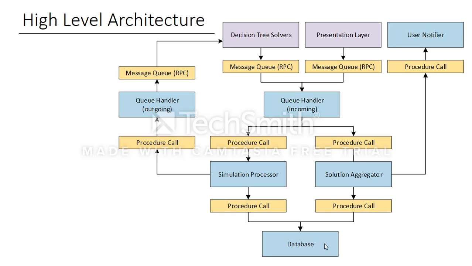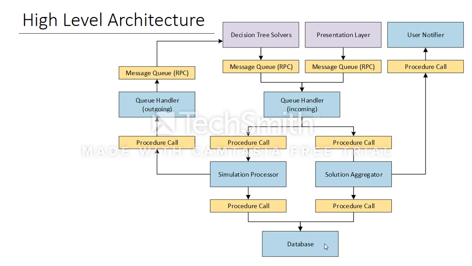Once all the decision trees have been solved, those messages come back in, or as they're solved, not once they're all solved. As they're completed, they come back in to that same queue handler and end up at the solution aggregator. The solution aggregator basically looks in the database to see if all of the solutions have been completed.